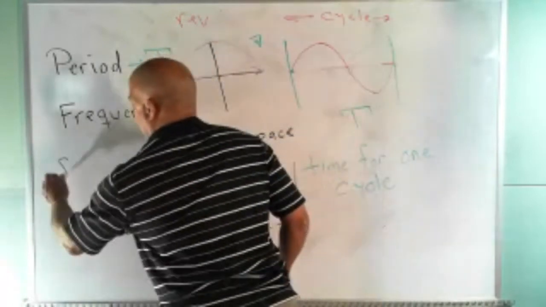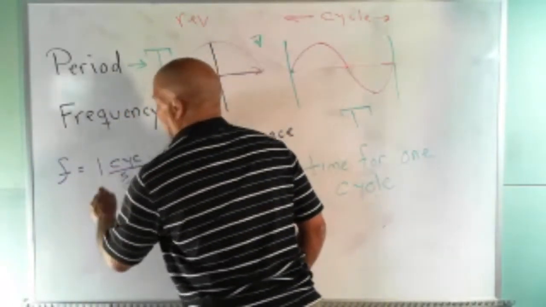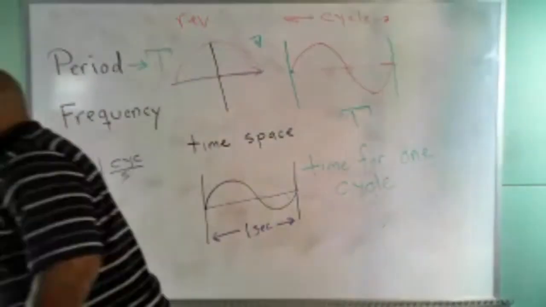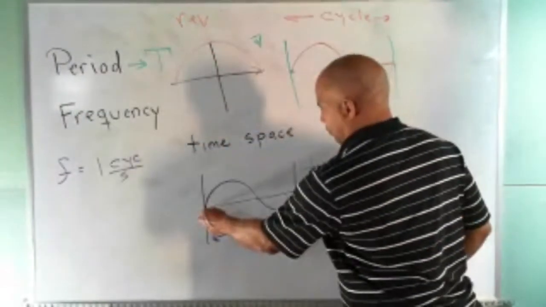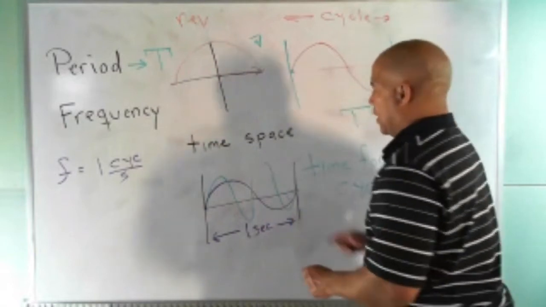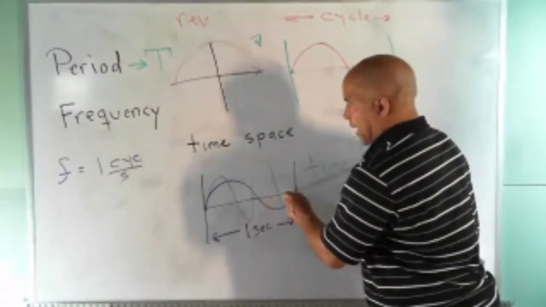That frequency is 1 cycle per second. If I have something like this, then I have a cycle here, and then I have another one there.